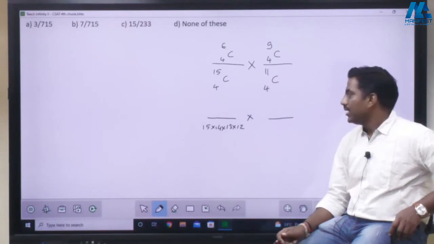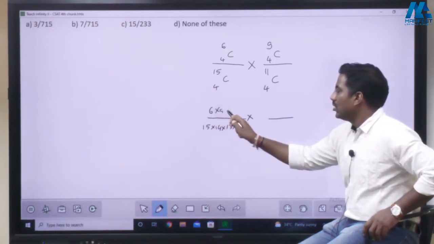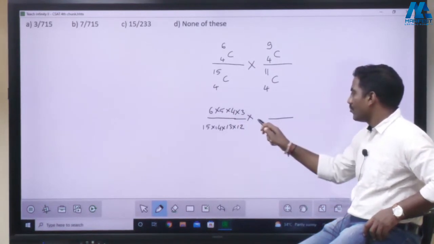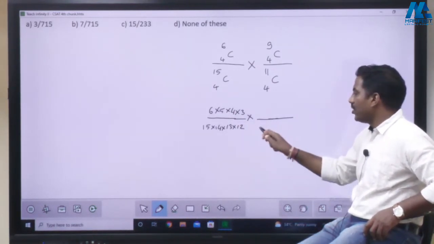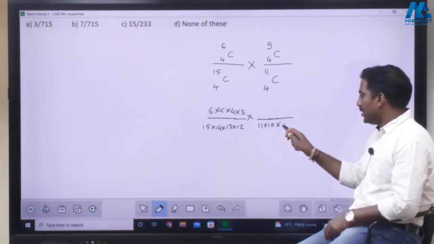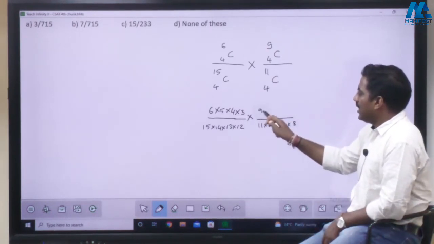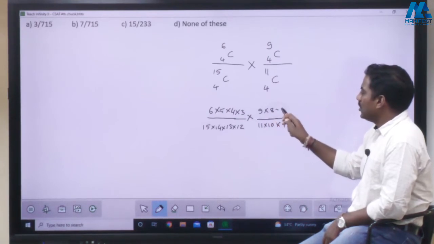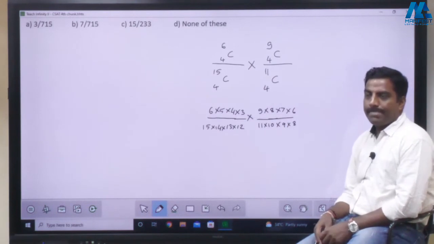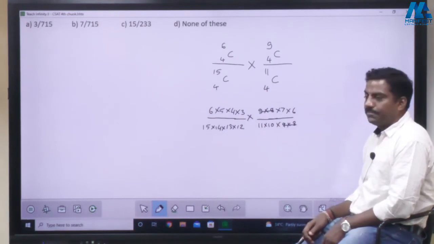In the numerator, 6 into 5 into 4 into 3. Here in the denominator, 11 into 10 into 9 into 8. Here, 9 into 8 into 7 into 6. 9 into 8, 9 into 8 get cancelled.